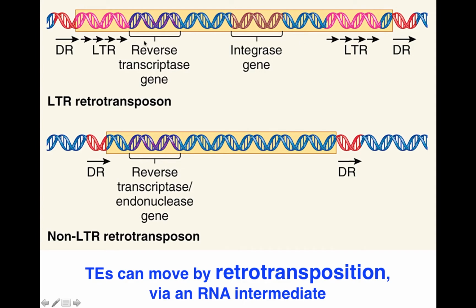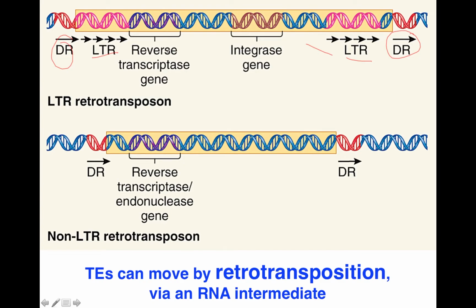At the ends, it has long terminal repeats, and they are direct repeats. Also at the site of integration, we see direct repeats, but those are not part of the TE. They are a relic of the integration.